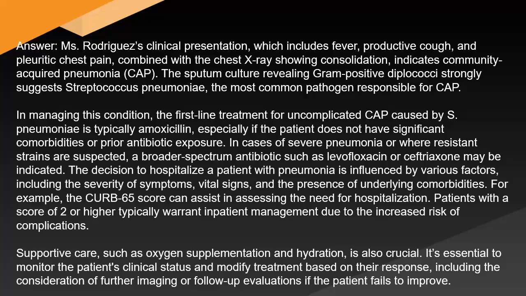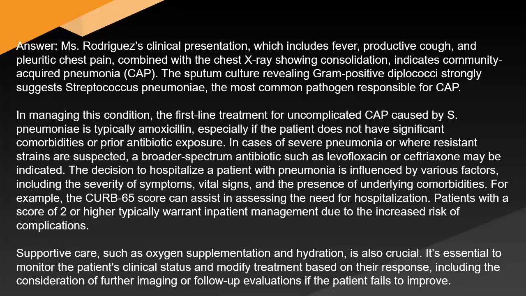In cases of severe pneumonia or where resistant strains are suspected, a broader spectrum antibiotic such as levofloxacin or ceftriaxone may be indicated. The decision to hospitalize a patient with pneumonia is influenced by various factors, including the severity of symptoms, vital signs, and the presence of underlying comorbidities. For example, the CURB-65 score can assist in assessing the need for hospitalization.